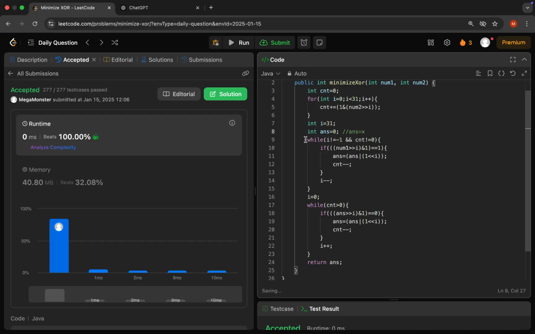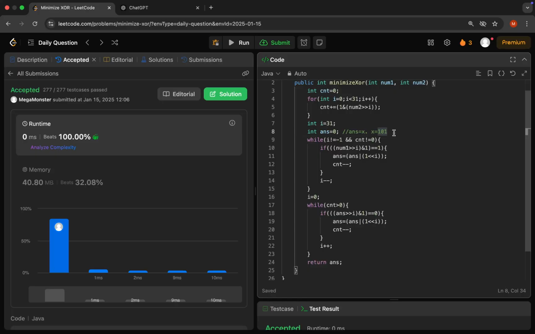While i is not equal to minus 1, it means i is not past the rightmost bit. Like if x equals 101, i is not to the right of the rightmost bit.